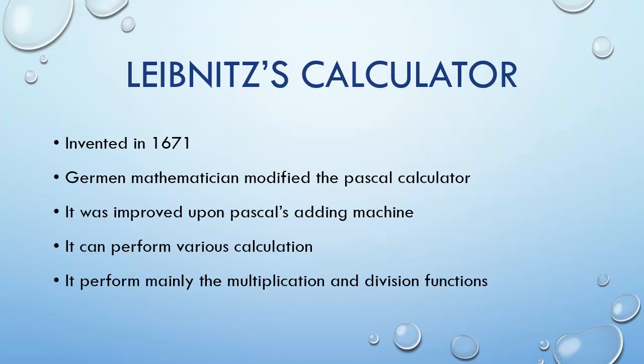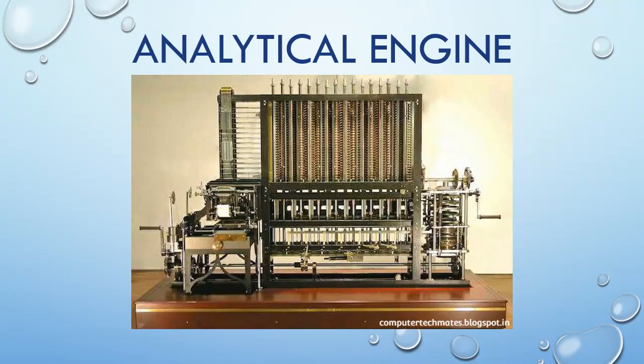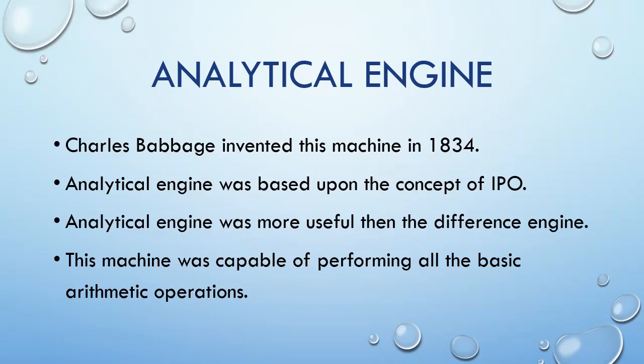Next one is the analytical engine. You can see the picture of analytical engine, and here are some important points about this. Charles Babbage invented this machine in 1834. Students, in the year 1834, a scientist from England known as Charles Babbage proposed the idea of a mechanical general purpose computer, and this device was called analytical engine, and it is widely accepted as the first design of a mechanical computer.